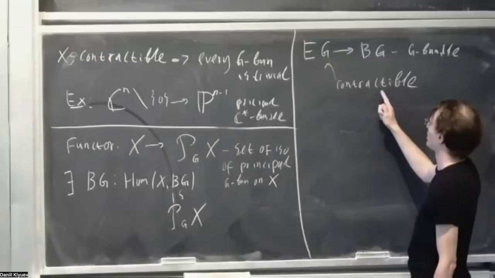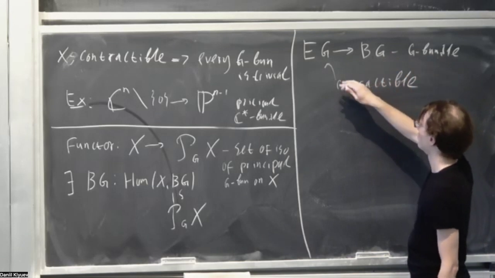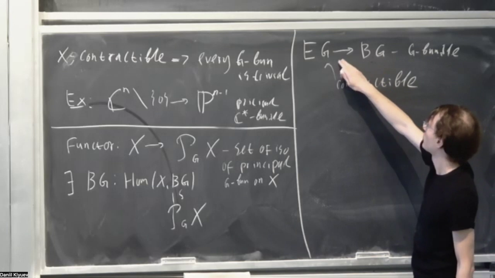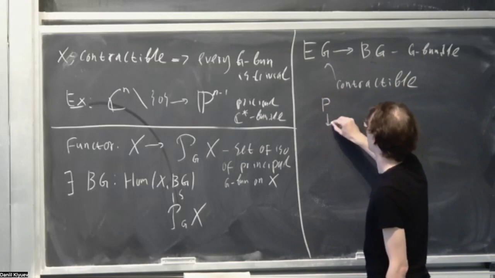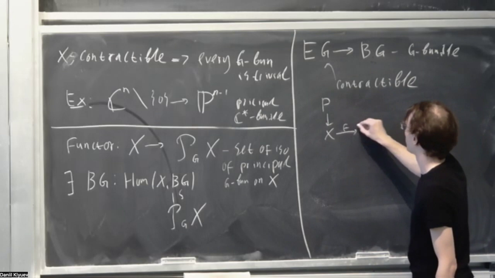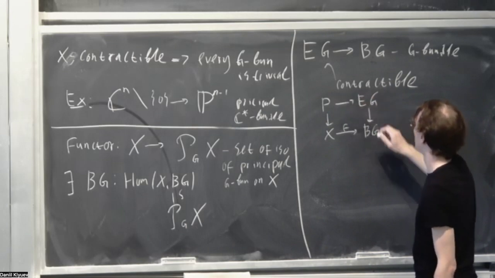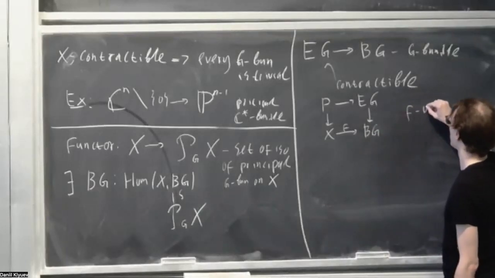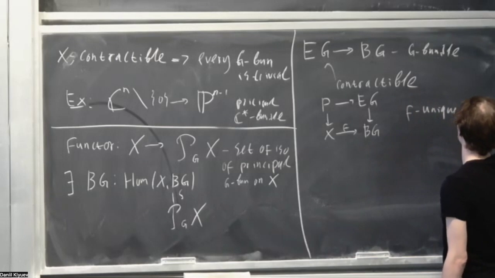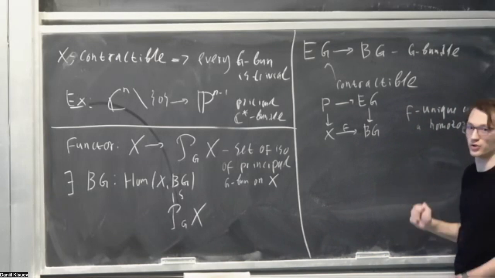So if I find such a contractible space with a free action of G, I can quotient to obtain such a principal G bundle, and then for any other principal bundle we can find a map f from X to BG such that it fits into this diagram, unique up to homotopy. Any questions about this definition?